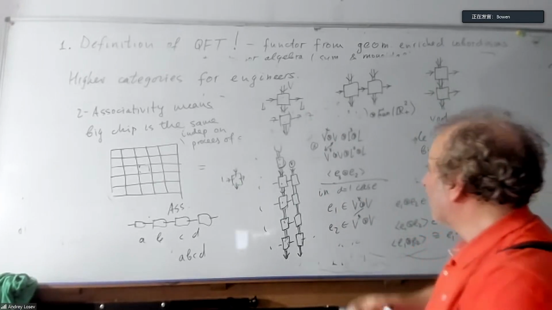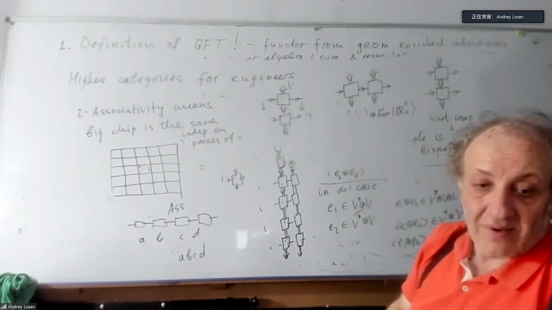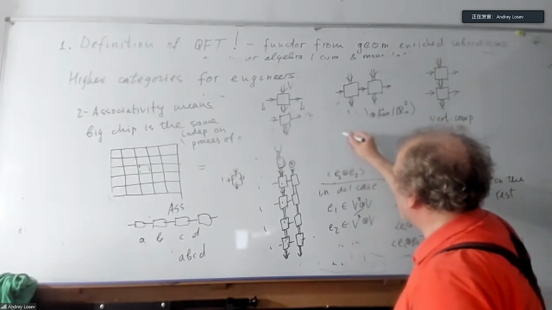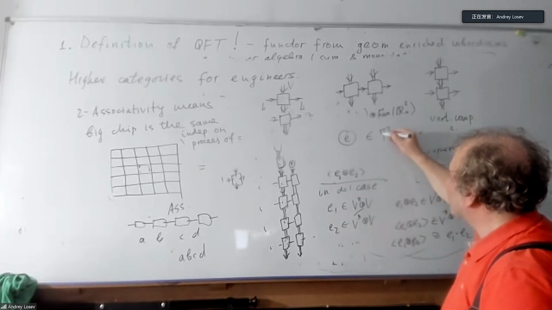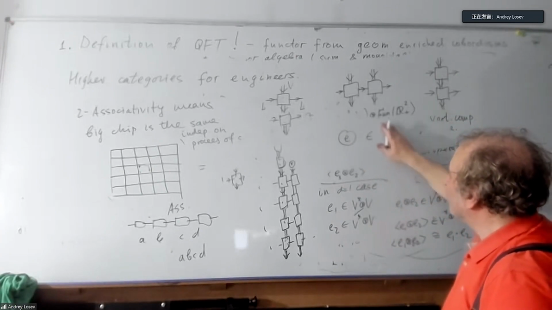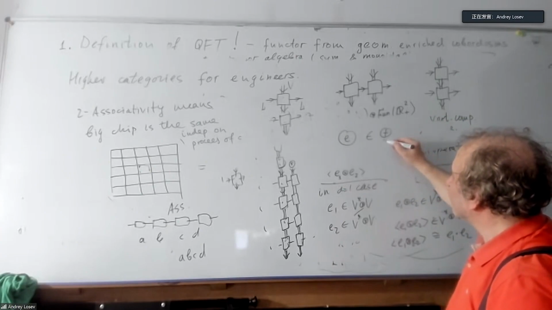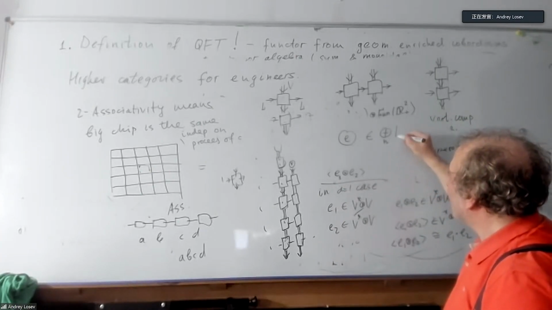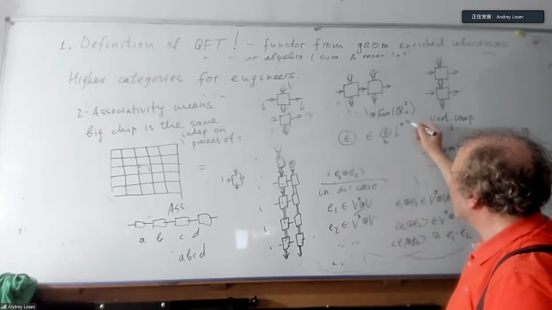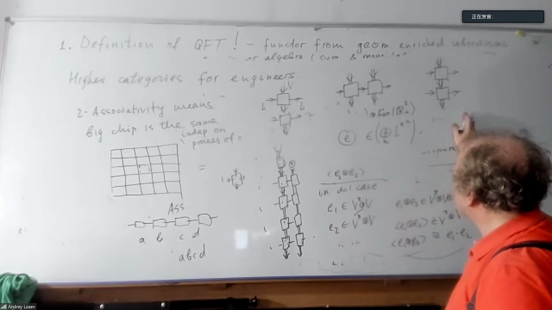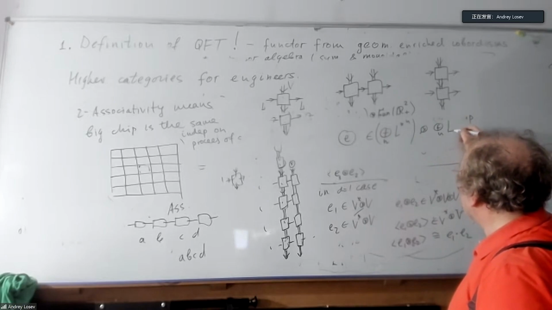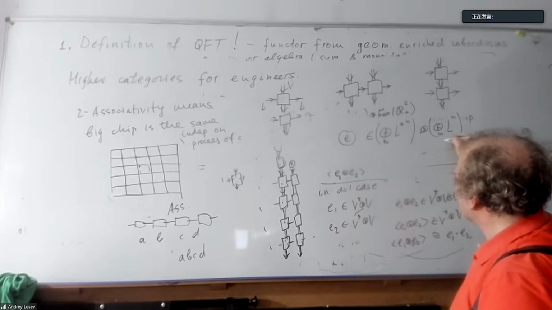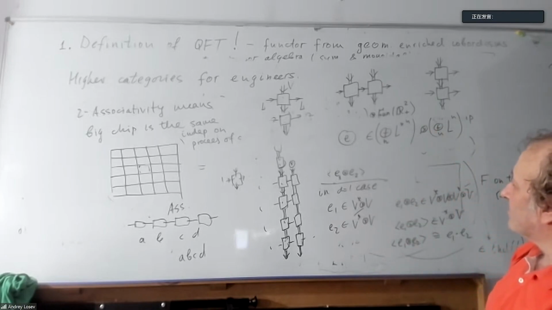See. So what you can do? You might say that you have a universal element, E, that belongs to tensor algebra. Okay. That belongs to the sum over n, L star n times sum over n, L, n.